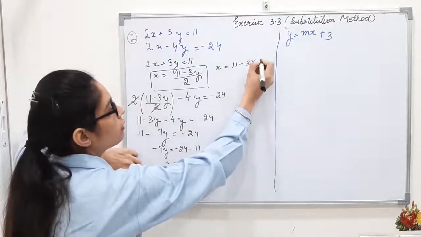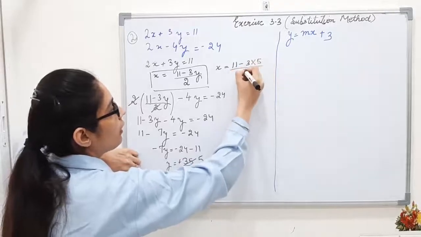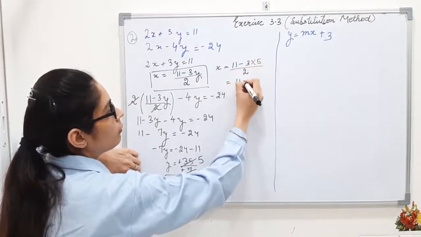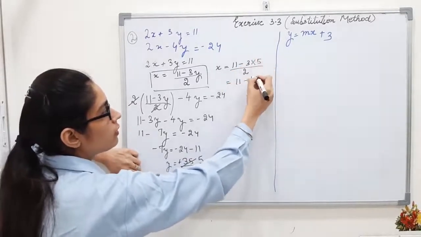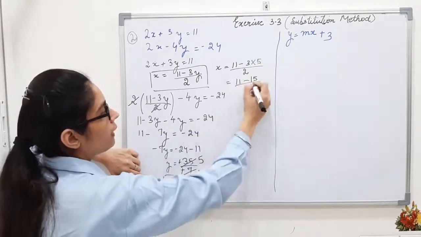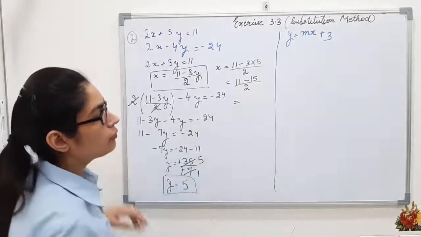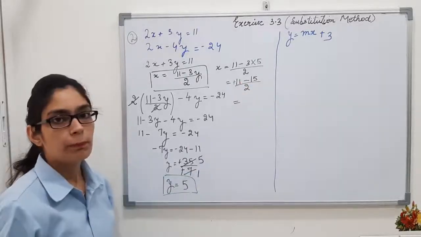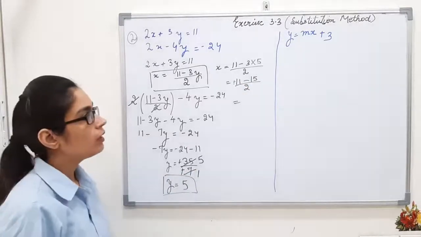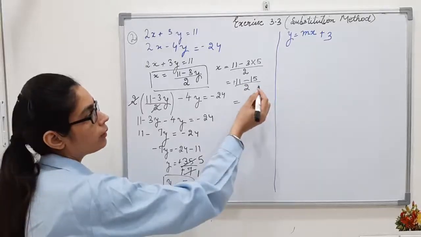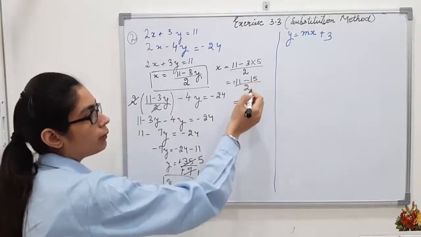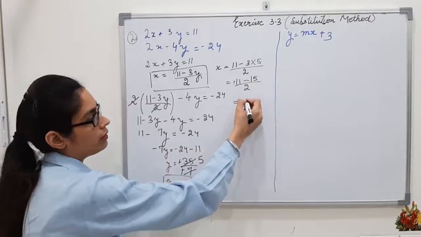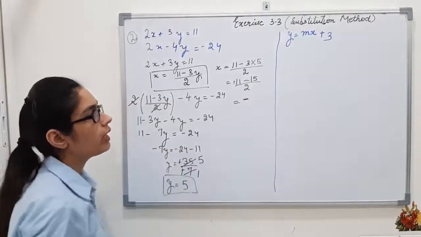So I will just put 5 and 2. 11 minus 3 into 5 is 15 by 2. 11 minus 15, plus minus is minus with the sign of the bigger number. So bigger number is 15, with 15 it is minus sign. So I will write minus with the answer.